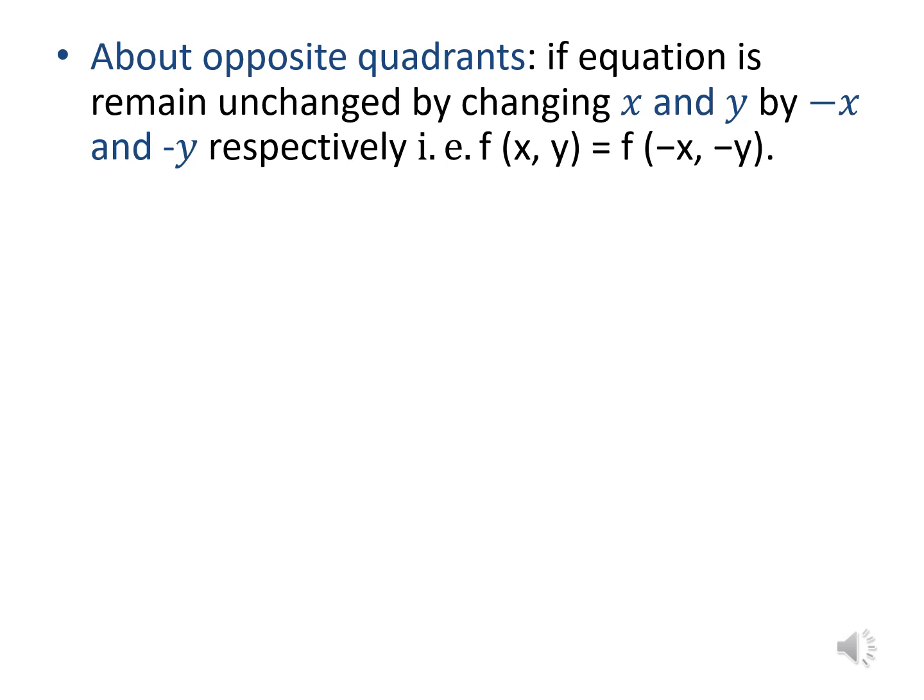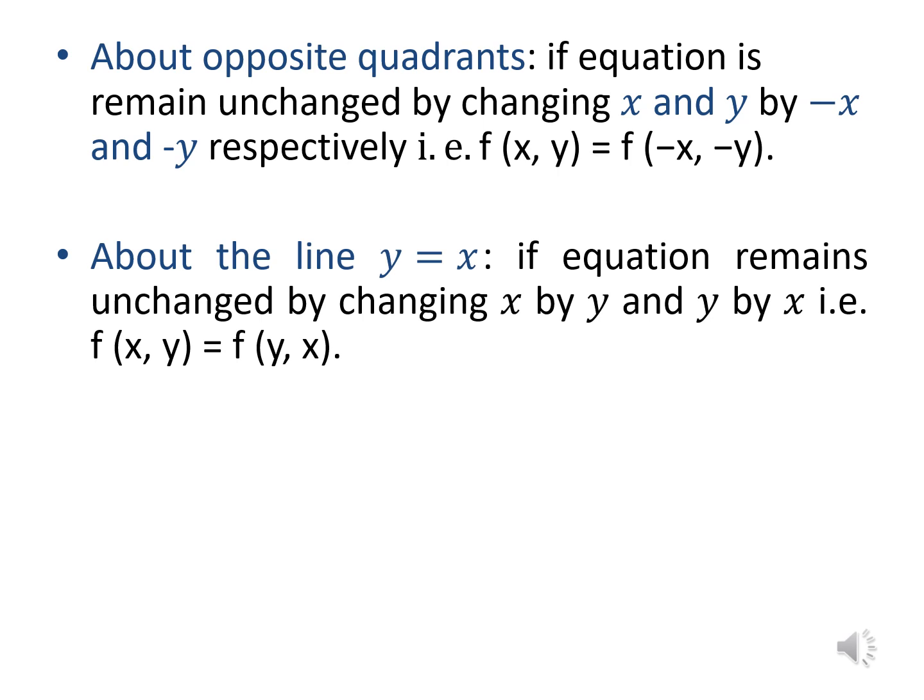In the second quadrant, x is negative and y positive, while in the fourth one, x is positive and y is negative. That means the signs of x and y are just opposite in the opposite quadrant. So if you change x to -x and y to -y and the equation is unchanged, then the curve is symmetric about opposite quadrants.